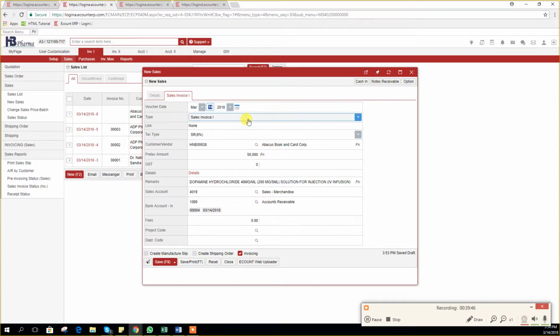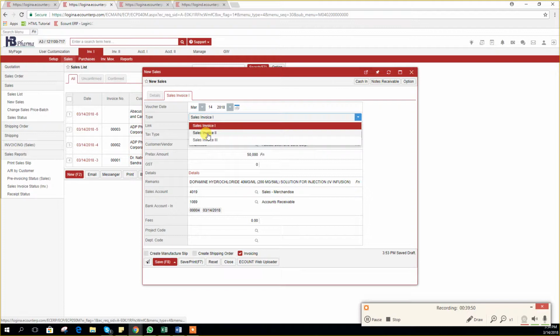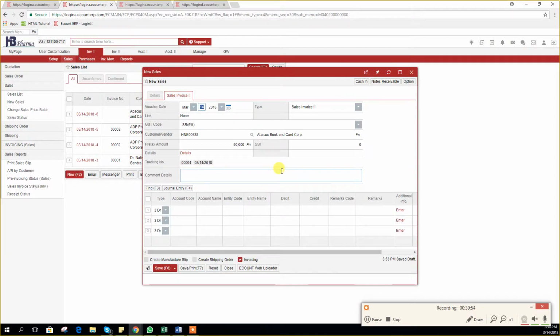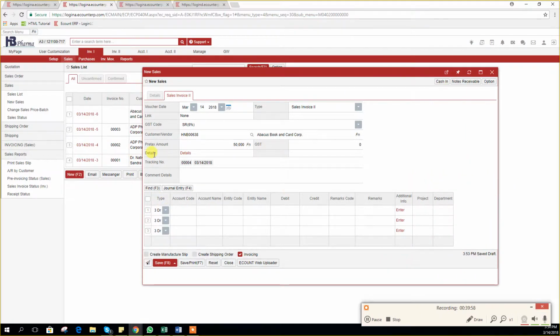So how do you do that? You go to sales invoice 2. Now you can do this. So just now, inside our security deposit liability account, we have 10,000, we put that just now, right? So we need to take that out now. How do we take that out?